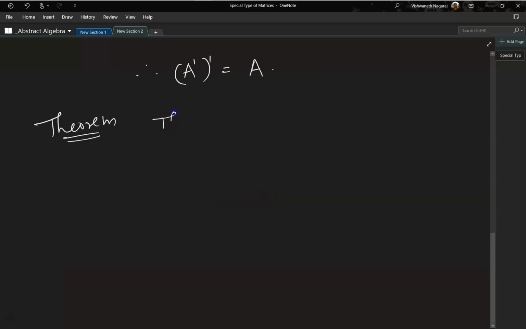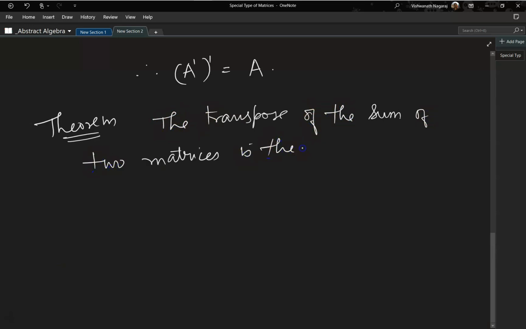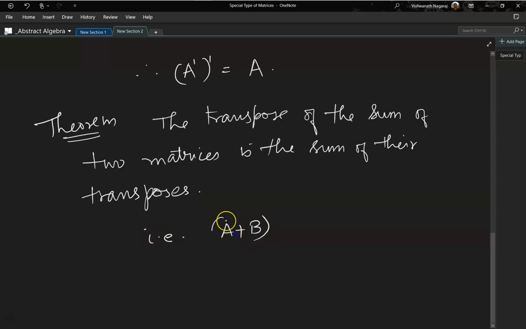Now, the transpose of the sum of two matrices is the sum of their transposes. Basically, that means (A plus B) prime is equal to A transpose plus B transpose.